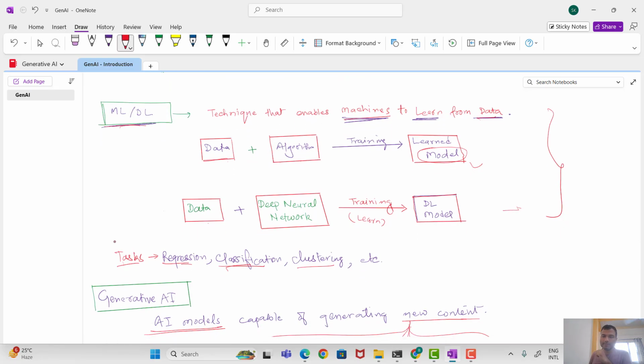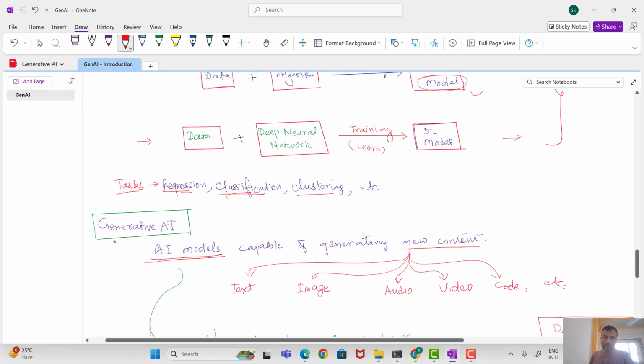We have different types of deep neural networks, different for images and vision, and different for natural languages. When a particular deep neural network is trained on a huge amount of data, all these things we are going to talk about in deep learning.